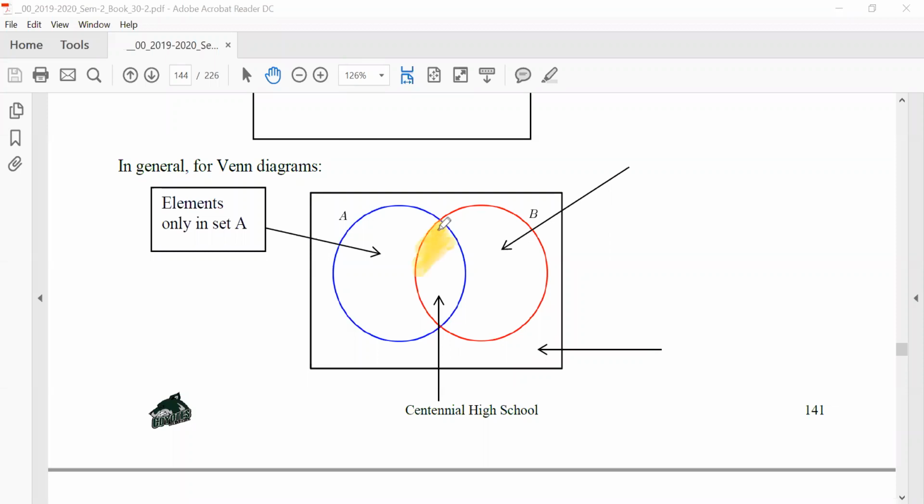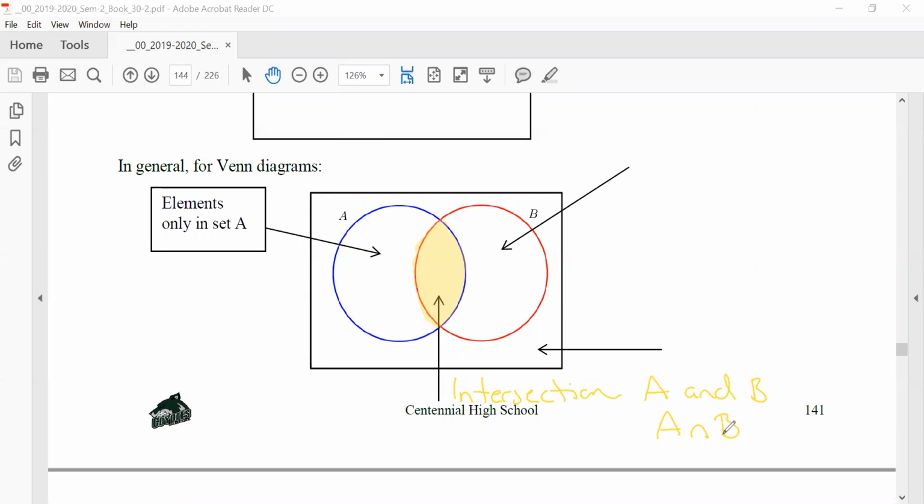This area right here, that is the intersection. That's A and B. And the other way to write that is A intersect B. Okay, those are the elements that are in A and the elements that are in B.